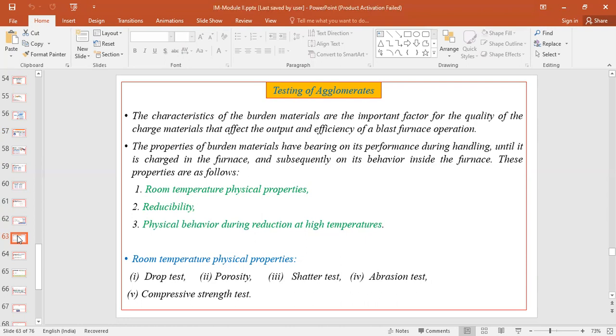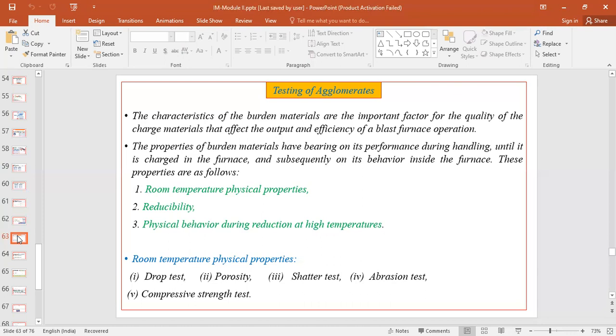Similarly, for the agglomerates, whether it is sinter or pellet, before we subject these iron-bearing materials into the blast furnace, we have to check the sustainability of these agglomerates inside the blast furnace without generating fines.